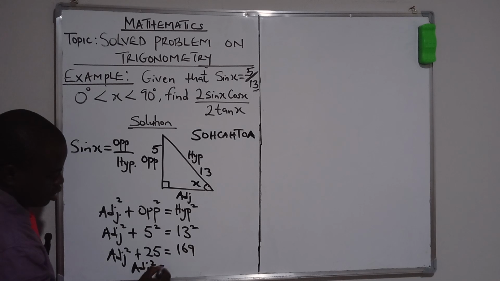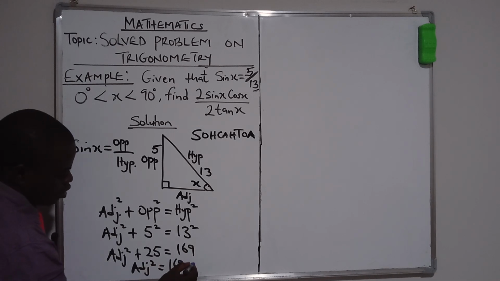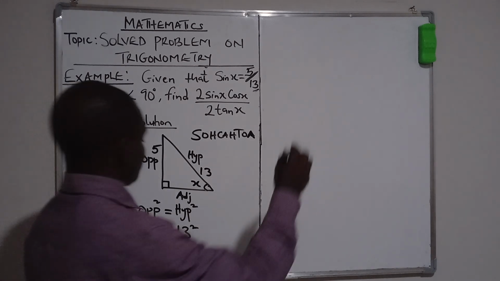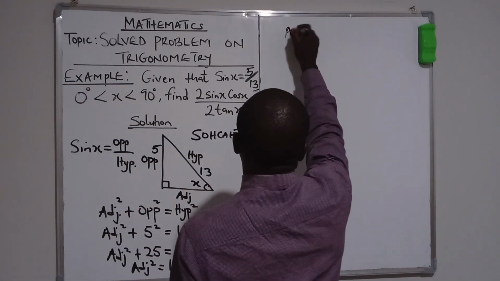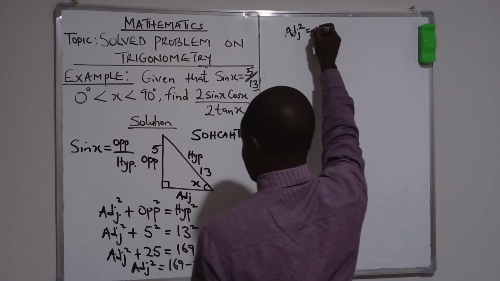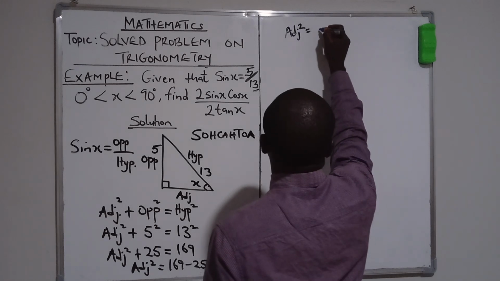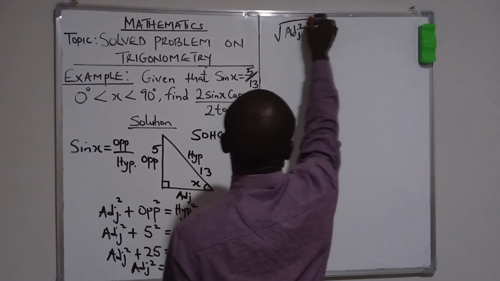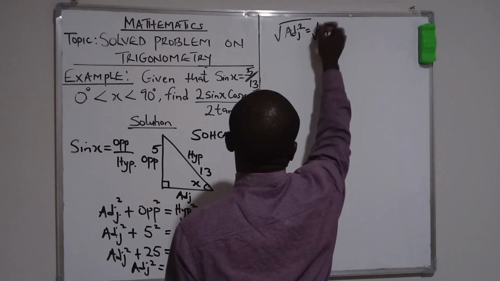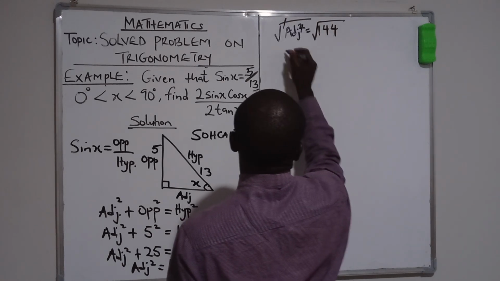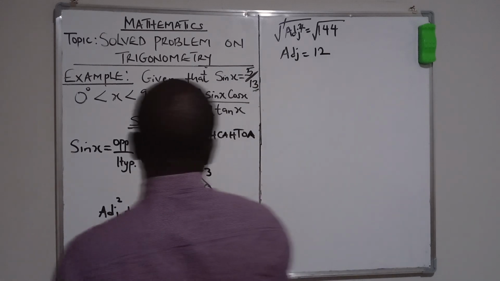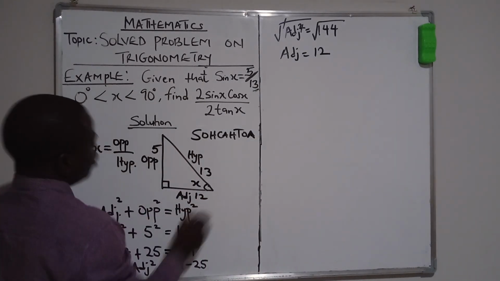Adjacent squared equals 169 minus 25. The 25 crosses to the other side of the equal sign and turns negative. Adjacent squared equals 169 minus 25, that's 144. Now find the square root of both sides. The square root cancels the square, so the adjacent now equals 12.